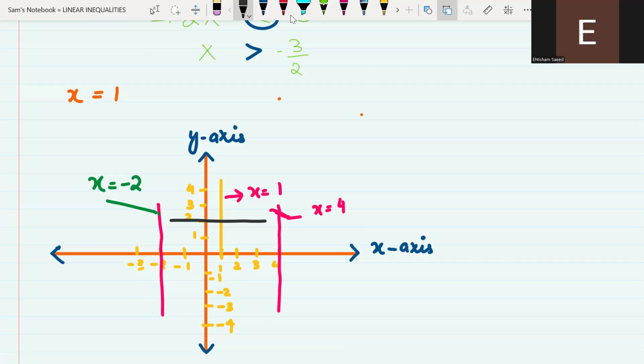What will be the name of this equation? X is equal... no, y is equal. Is this passing through the x-axis? No, it is passing through the y-axis, so we will call it y is equal to 2. Is this point clear?